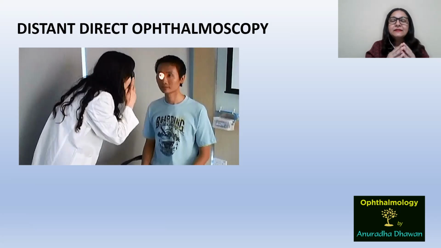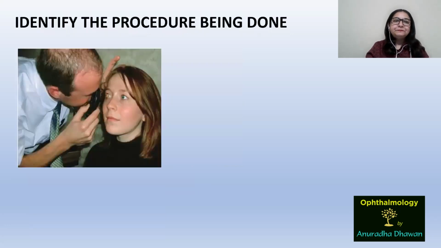If the retina is healthy and the vitreous cavity is clear, then you notice a red reflex. If the retina is detached or there is a tumor, then we get a dull reflex or a white reflex. The white pupillary reflex is also known as leukocoria. So this procedure is distant direct ophthalmoscopy.